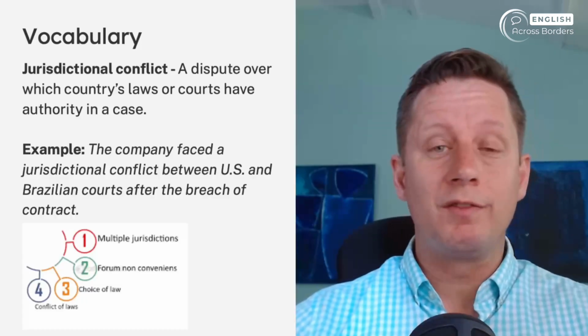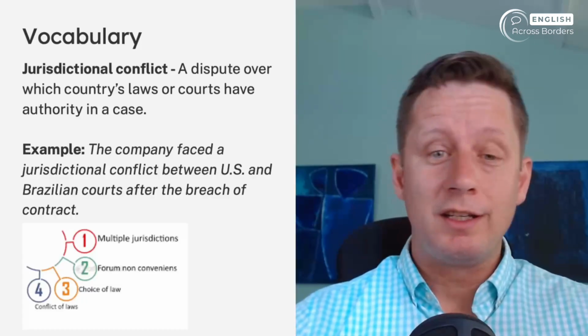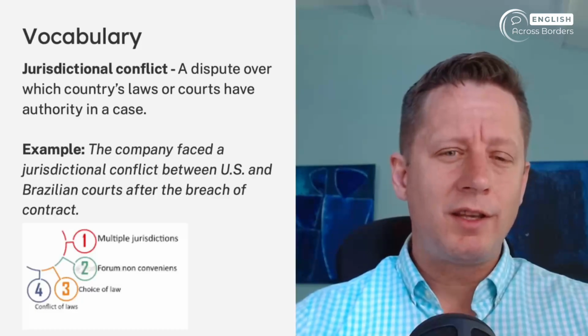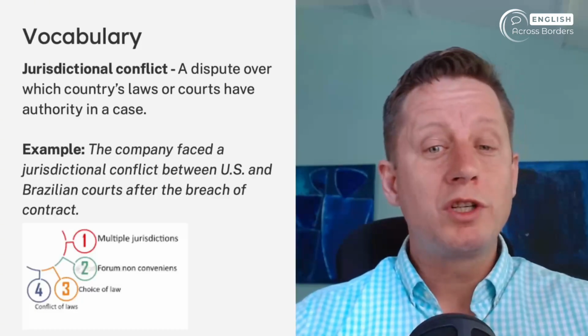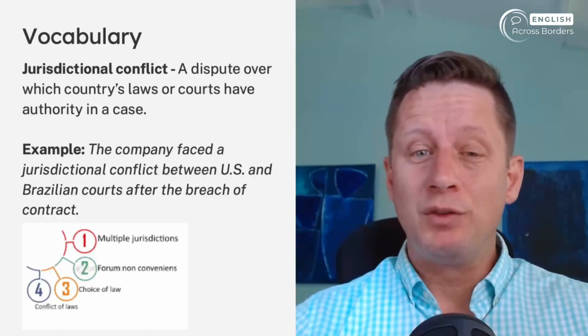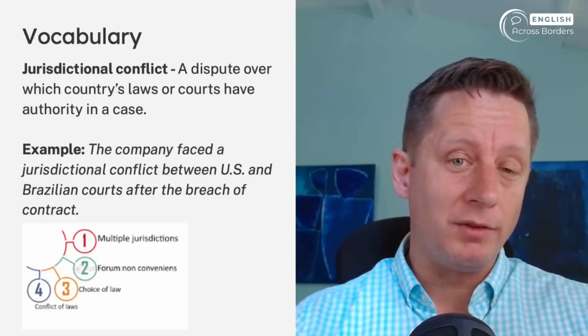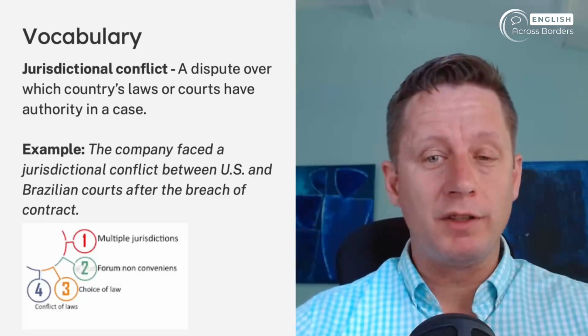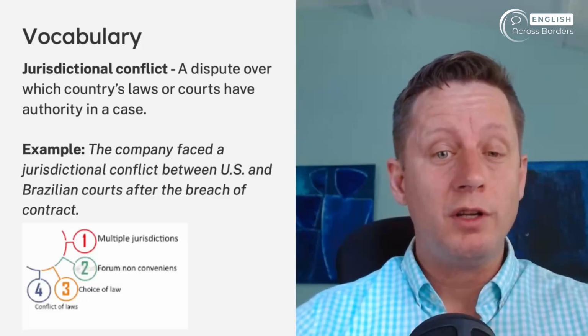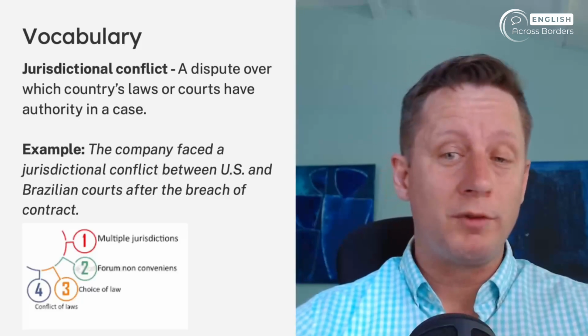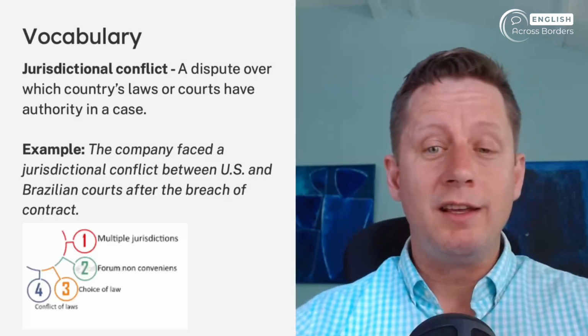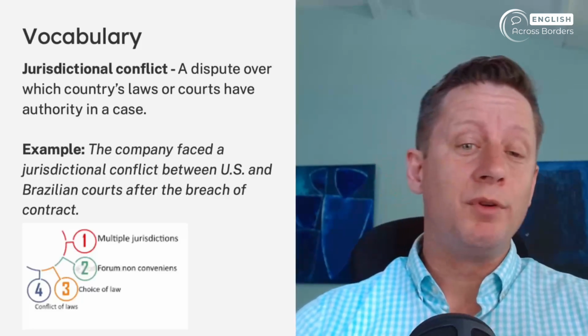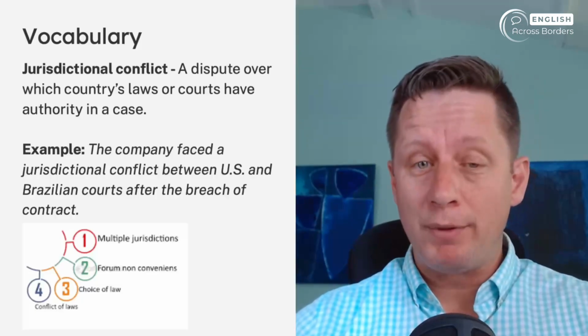Understanding this term is vital for lawyers advising international clients. The key questions are: which country's law applies, and where should the case be filed? To prevent such conflicts, contracts often include choice of law and forum selection clauses. In the example, the U.S. and Brazilian courts may both claim competence.